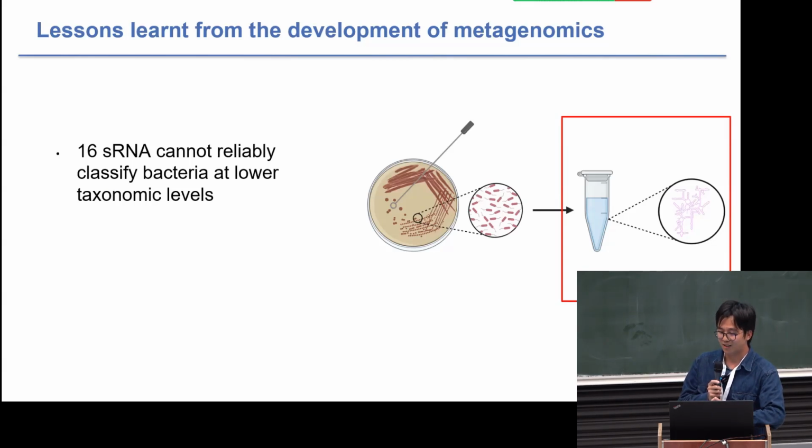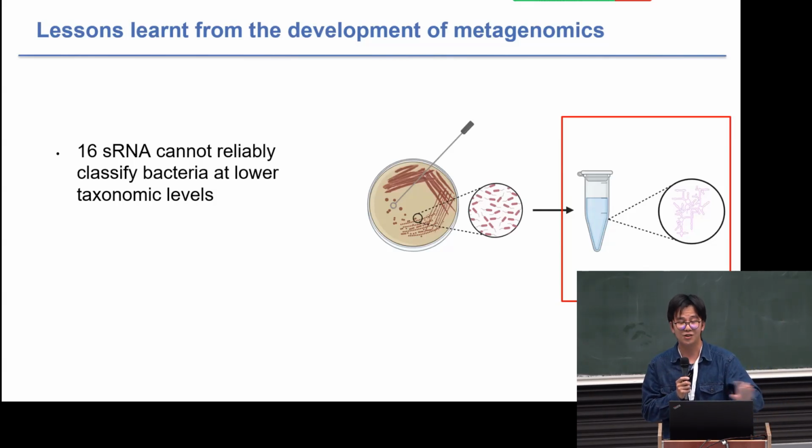What that means is that you can use this molecule to distinguish microorganisms that are really different from each other, like at the genus level, where you can see clear differences.